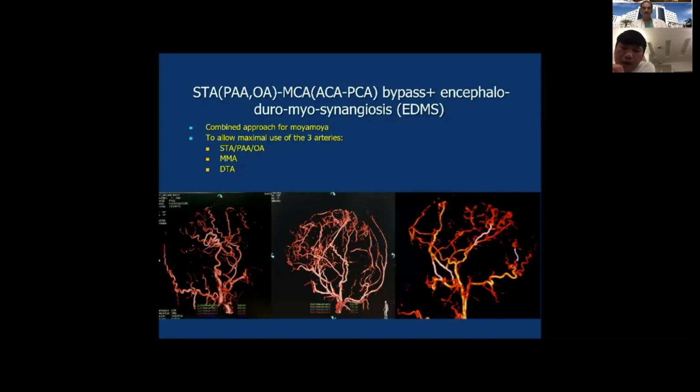So I always use the combined approach for Moyamoya to allow maximum use of the 3 arteries: STA, postauricular artery or occipital artery, and the middle meningeal artery and the deep temporal artery. So you can see the different results for the 3 arteries.